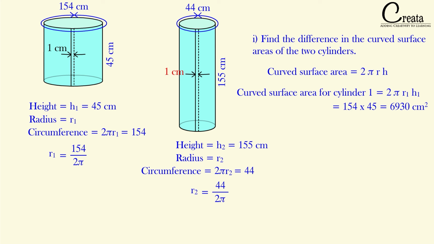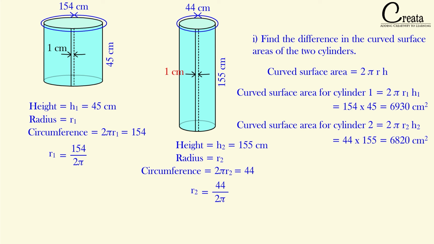Here also we will use the curved surface area formula 2 pi r2 into h2. r2 and h2 are the radius and the height of the second cylinder respectively. 2 pi r2 will be equal to 44 centimeter and h2 is 155 centimeter. We got the curved surface area of the second cylinder as 6820 centimeter square.